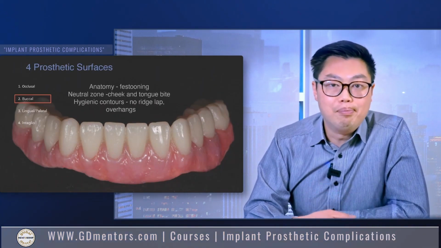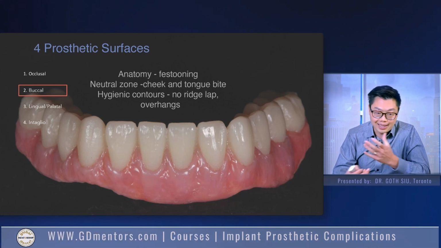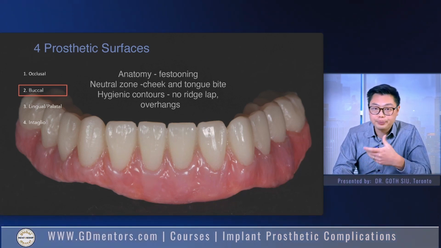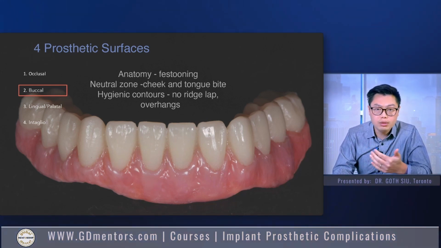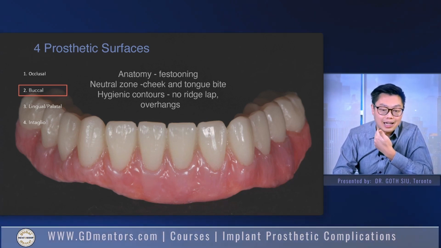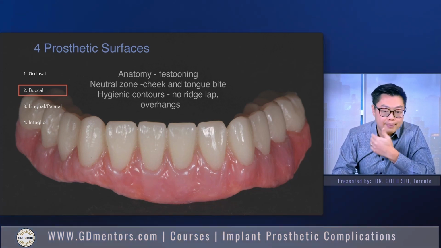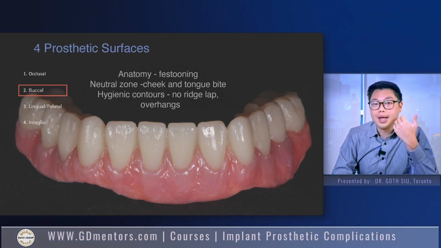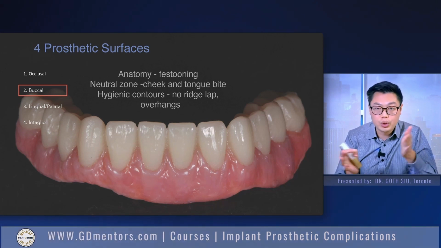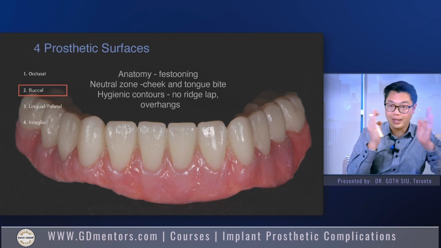The next is the buccal aspect of the prosthesis, and that's responsible for aesthetics and the anatomy, but also hygiene, okay, and making sure things don't have ledges, so people don't have things getting stuck between the prosthesis and the gums. That means no ridge laps, no overhangs, stuff like that. And then staying within the neutral zone. The neutral zone is basically a zone where your teeth can coexist.